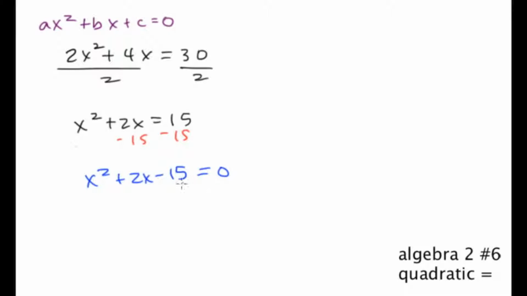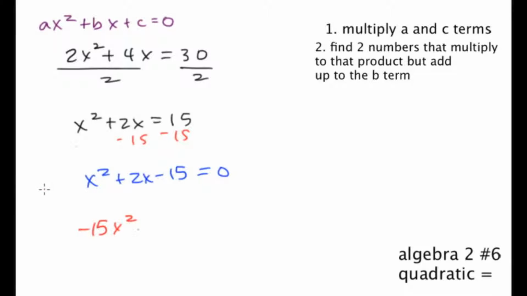So the other way you could do it, that's step 1. So x squared times negative 15 is negative 15x squared. Find two numbers that multiply to the product we just found, so negative 15x squared, but add up to the b term. So we have to come up with two numbers that add up to 2x but multiply to negative 15x squared.